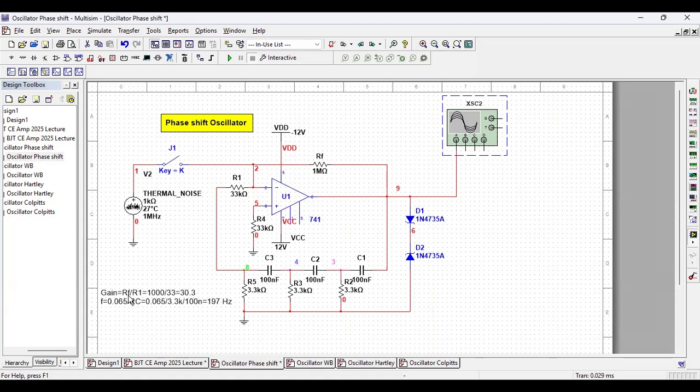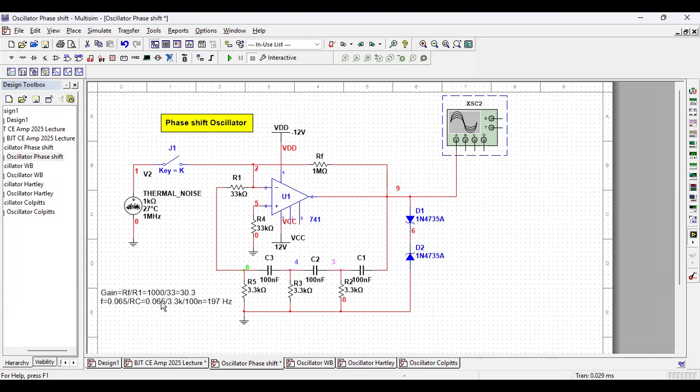Now, gain here is RF by R1. You remember, for phase shift oscillator, gain has to be more than 29. Here, RF is taken 1 megohm and R1 is 33 kilo, so gain is around 30.3. And also remember the equation, frequency of oscillation is 0.065 by RC.